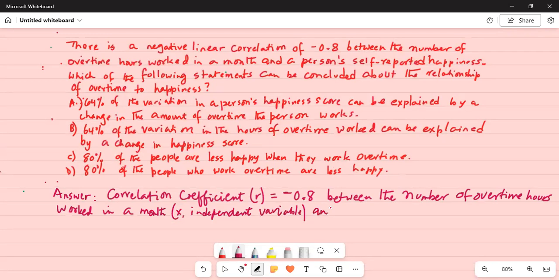and a person's self-reported happiness, which is Y. So self-reported happiness is Y, the dependent variable.